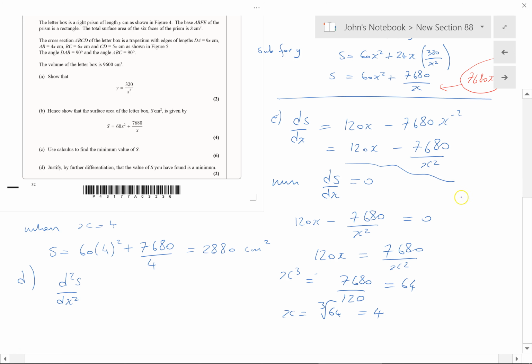This was our expression for ds by dx, so let's use the above one: 120 plus 7680 times 2, so that's 15360 x to the minus 3.